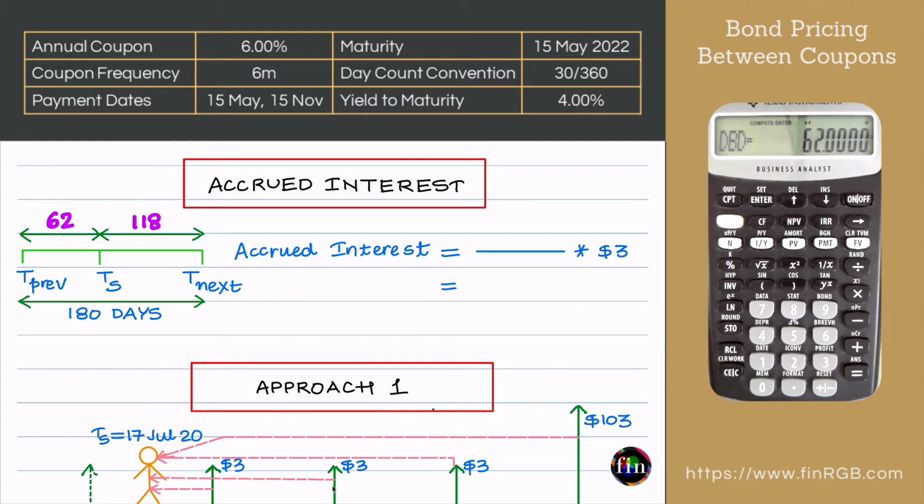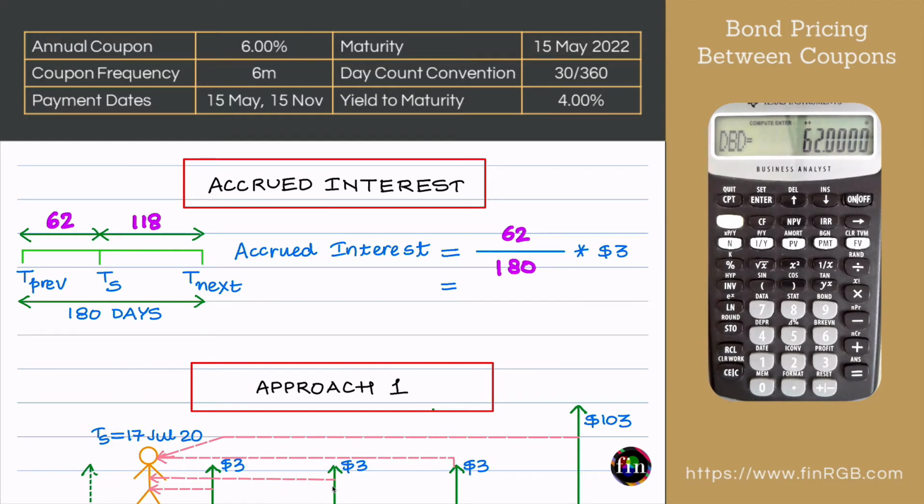So accrued interest would very simply be equal to 62 days which have elapsed since the last coupon was paid, divided by the total number of days in this coupon period, which is 180, times the dollar amount of this coupon, which is $3. Why so?